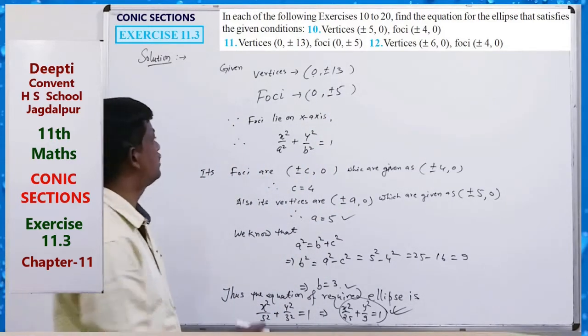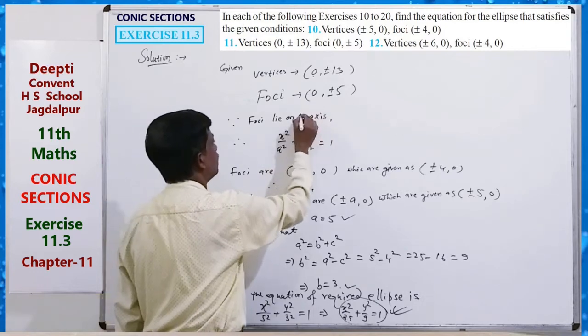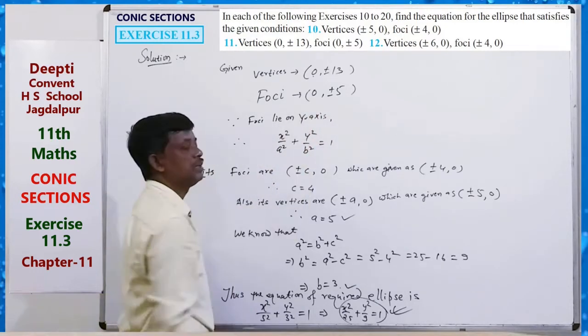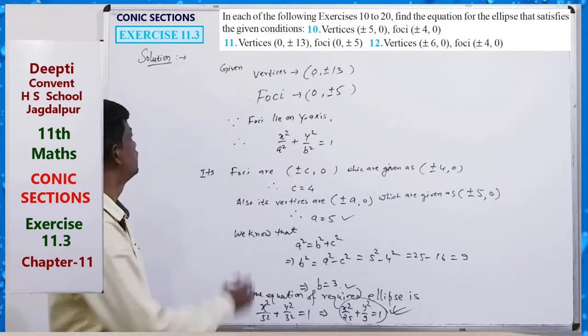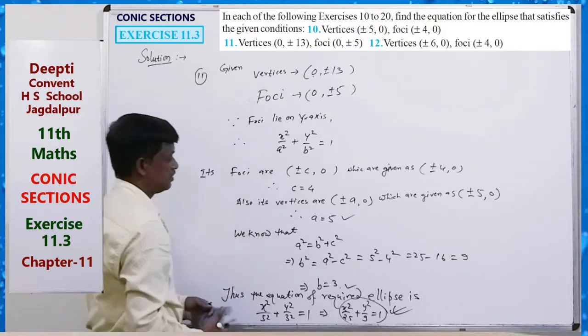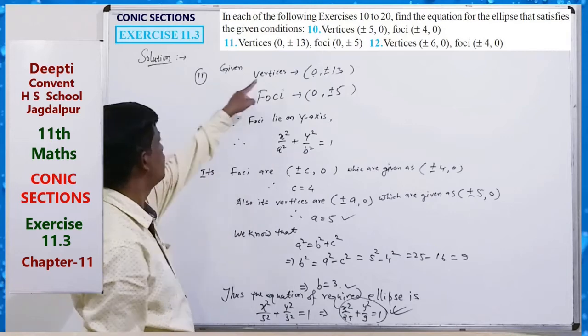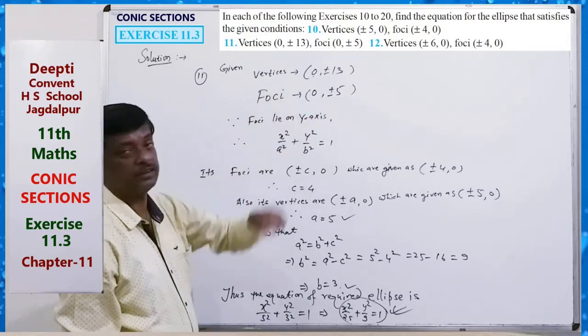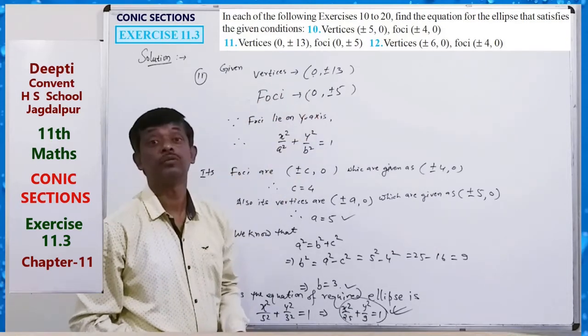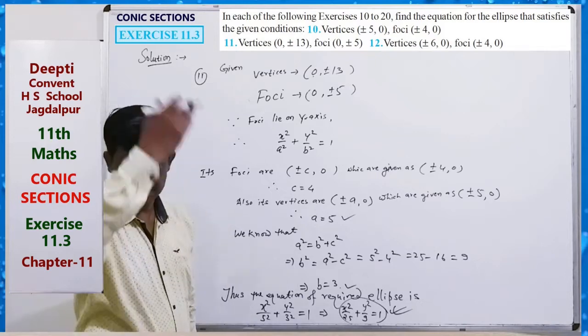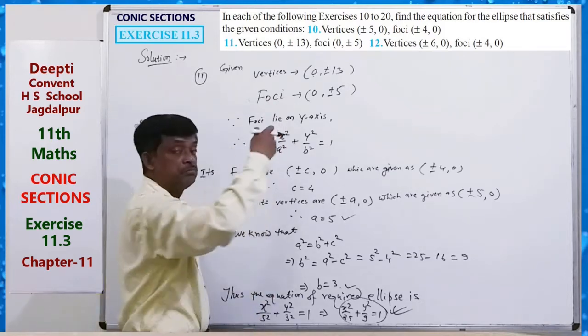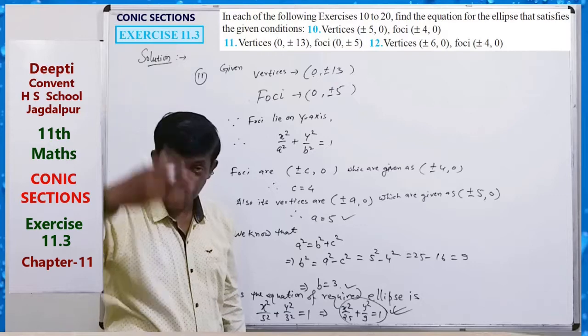So it is clear that foci lie on y-axis. Okay, question 11. Foci lie on what? First coordinate 0, that is on y-axis. That is, its major axis will lie on y-axis.